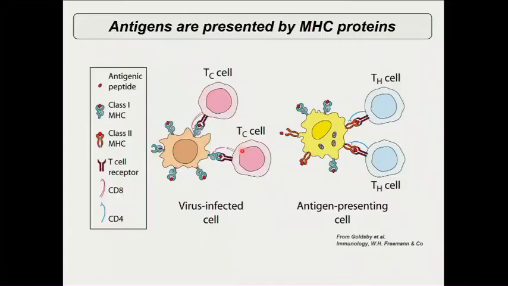And here we see two cytotoxic T cells that interact with these MHC proteins that present viral proteins. And then these T cells will actually kill the virus-infected cell, and therefore the viruses within.